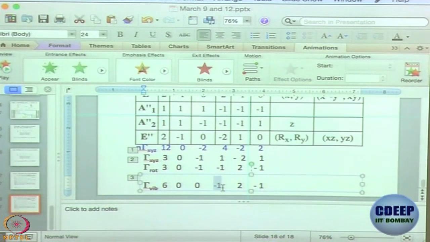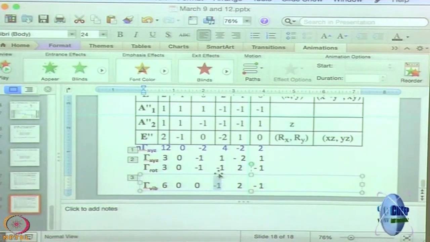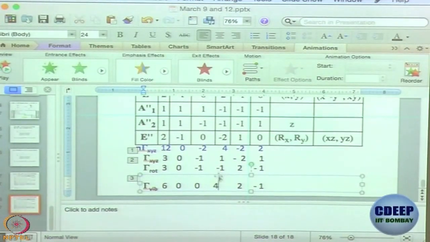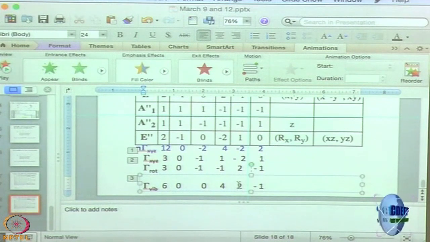Then what do you have? 4 minus 1 is 3, right? Minus 1 is again 4. Is that right? Is that 4? See, I am not very good at mental arithmetic, so you need to tell me when I go wrong. Then minus 2, isn't it?